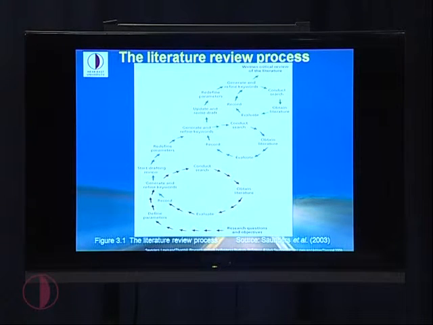Let's have a look at this nice diagram. We start with the research question and objectives, and then we define the parameters for our research. Then we generate and refine keywords, like human resource management, resource-based view theory, organizational outcomes or effectiveness, keywords that limit and focus your research.